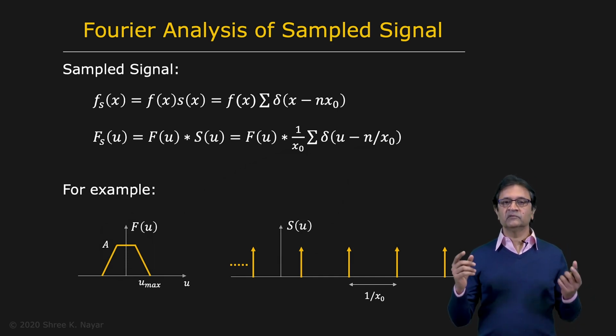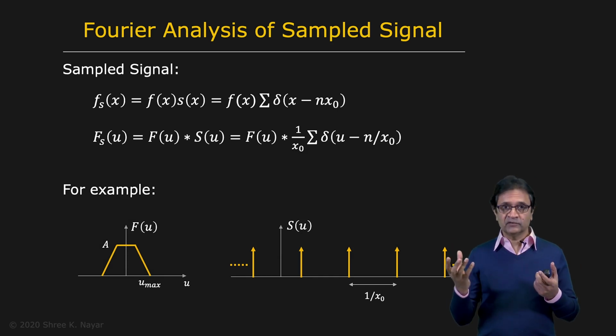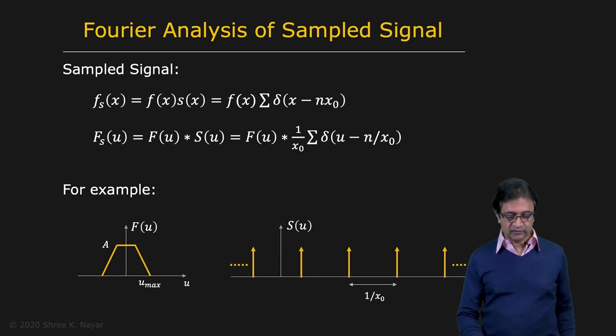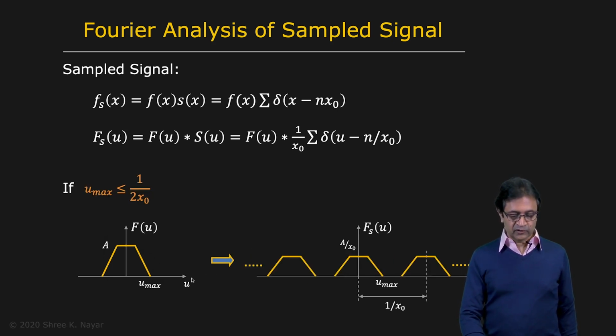If you convolve any function with a delta function, you get the function itself. So here you have a train of delta functions. If you convolve that with any function, what do you end up getting? You get multiple copies of the original function. So you get multiple copies of F, where the spacing between these copies is 1 over x0.